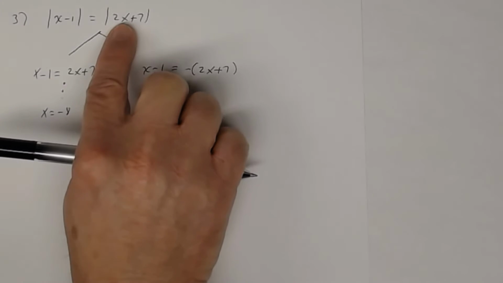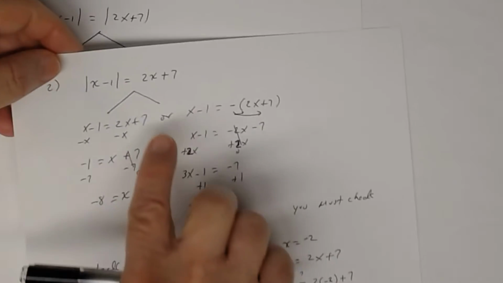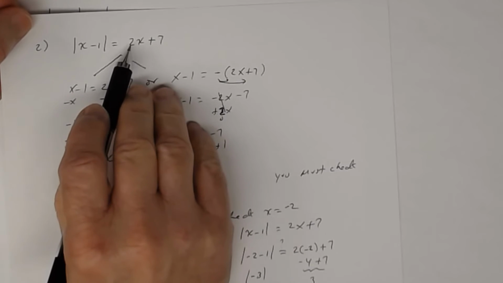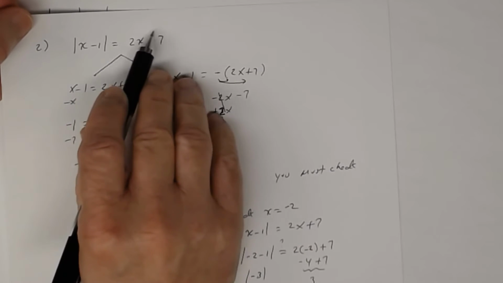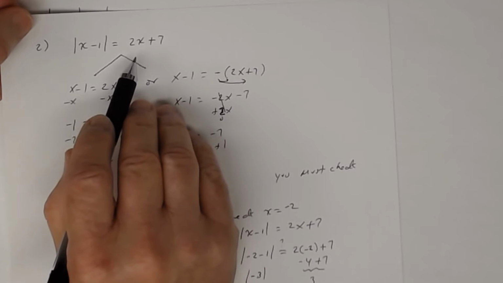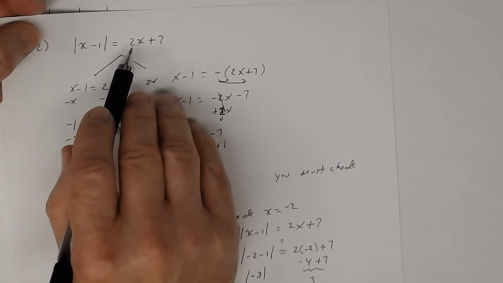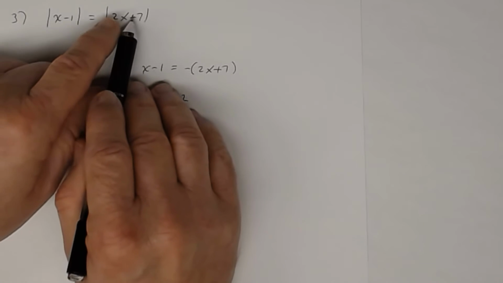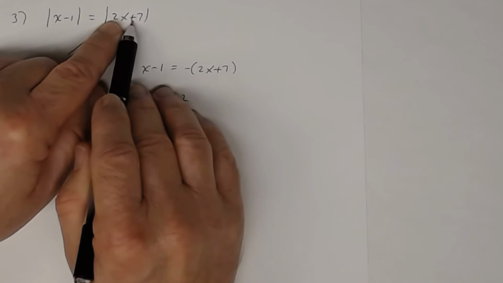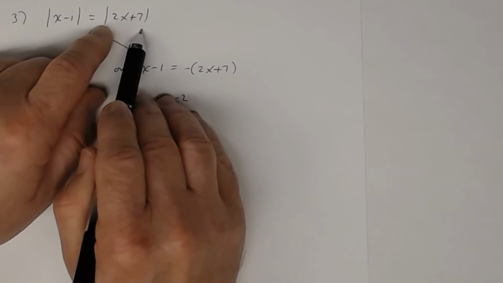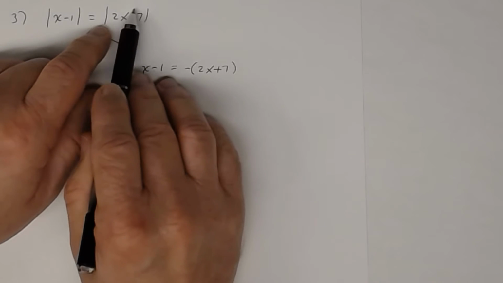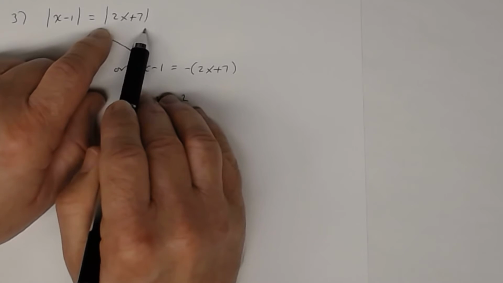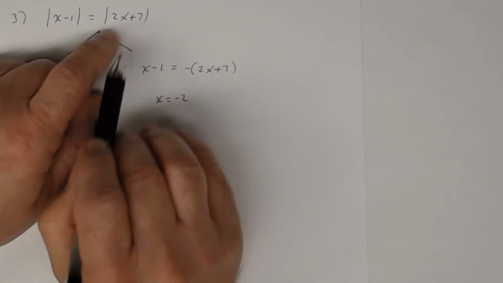So when we talked about number 2, that variable expression could be positive, could be negative, could be 0, right? And when I look at this right-hand side here, that variable expression could be positive, and the absolute value of a positive is still a positive, correct? Or it could be negative, and the absolute value of a negative is a positive, right? Or it could be 0, and the absolute value is 0.